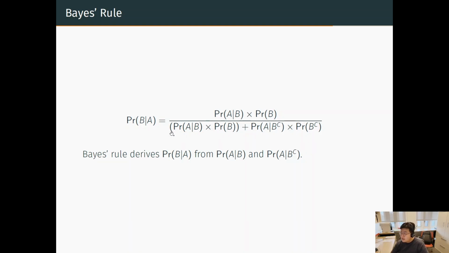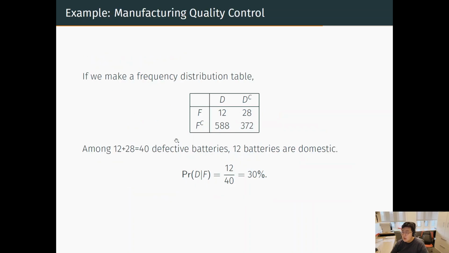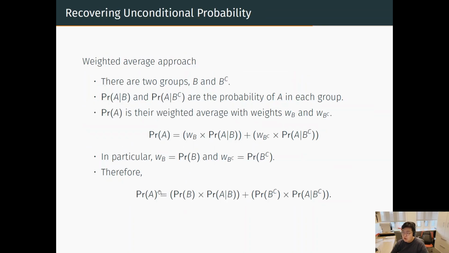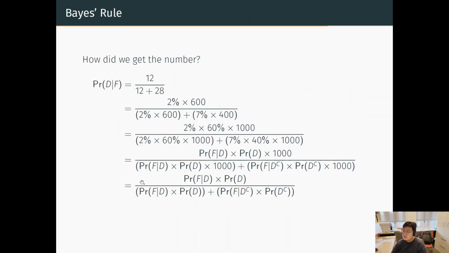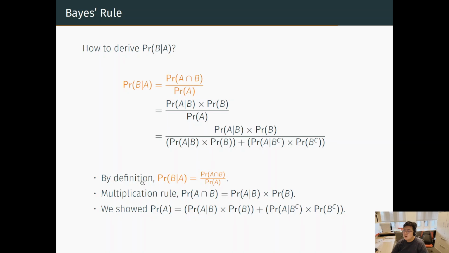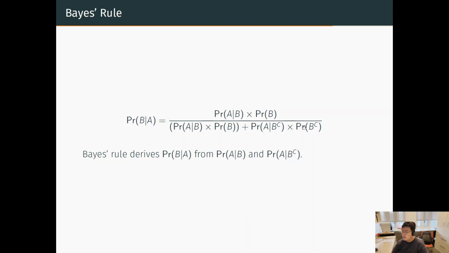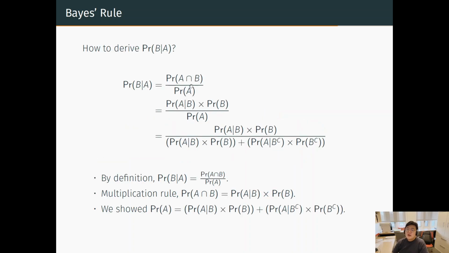And by the way, the denominator is actually familiar. The denominator is what we just got here. This is the denominator. So probability A is the denominator, which is also simple. We got it from the previous formula, and the numerator is also common, right?